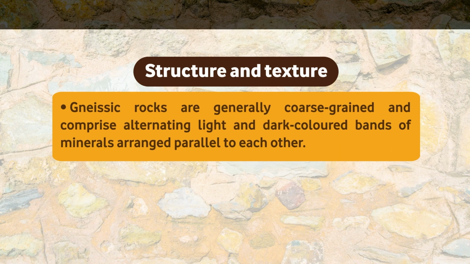These are generally very coarse grained and comprise alternating light and dark colored bands of minerals arranged parallel to each other. The light colored bands consist of quartz and feldspars, and the dark colored bands may consist of mafic minerals like amphiboles, and other mafic minerals also can be present.